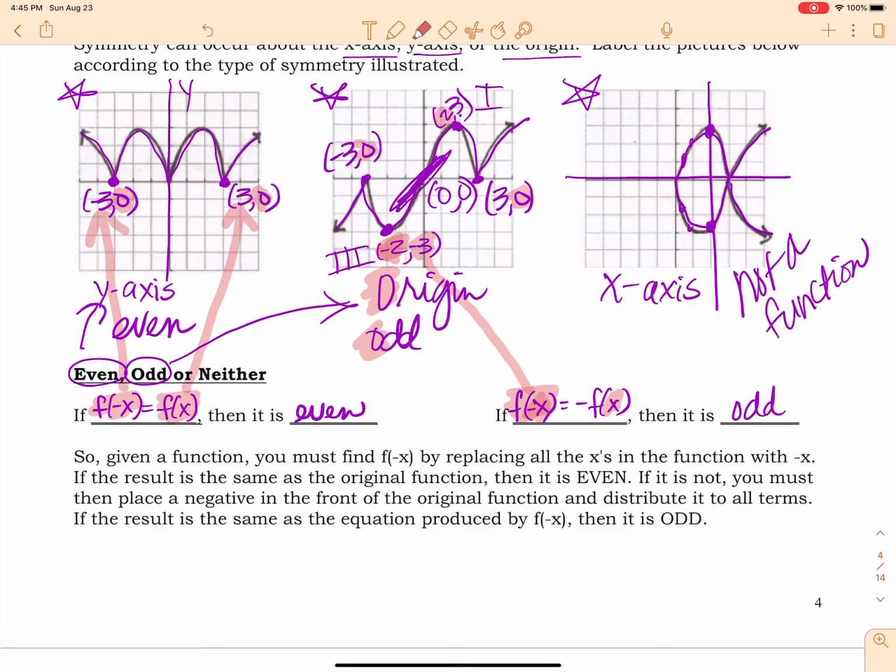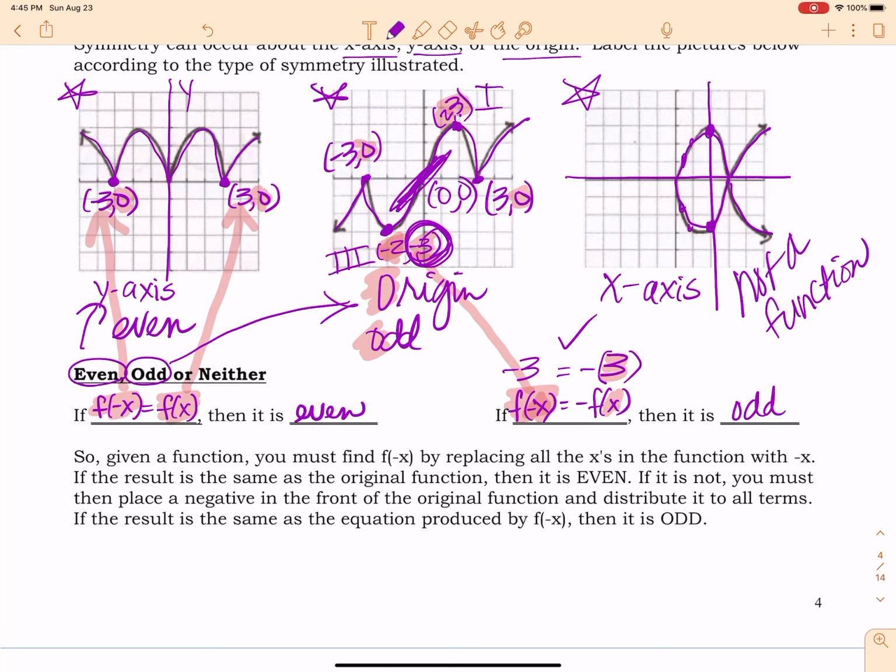This value, the negative 3, should be equal to the negative of f of x where x is positive. So that would be right here. Well, is negative 3 equal to negative 3? Yes, it is. Magic. So amazing.